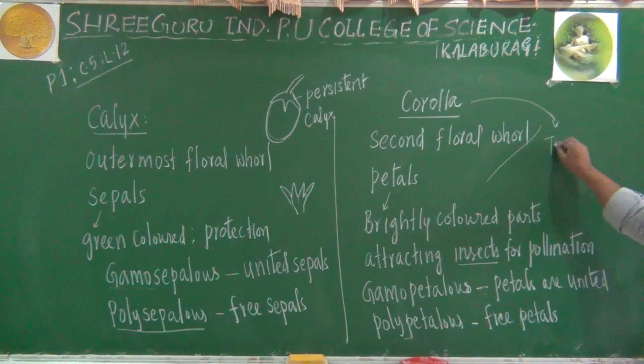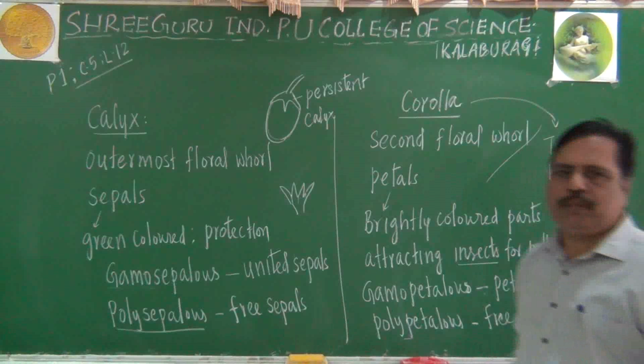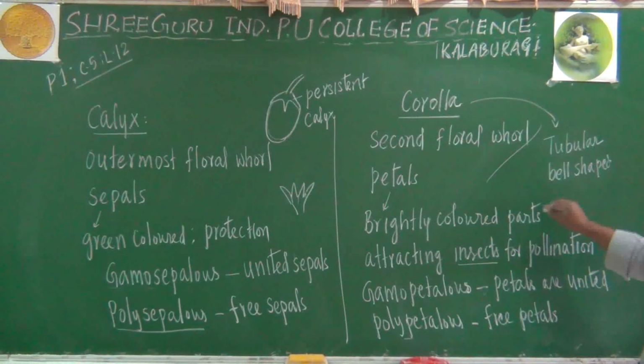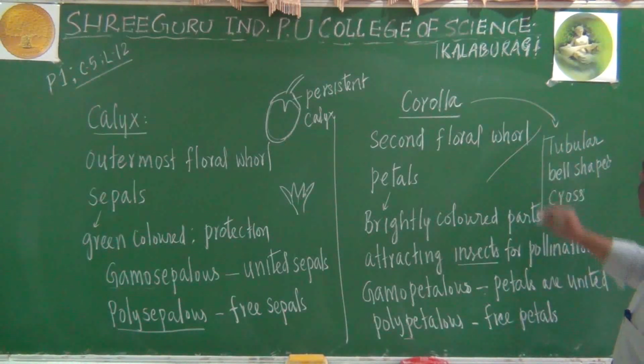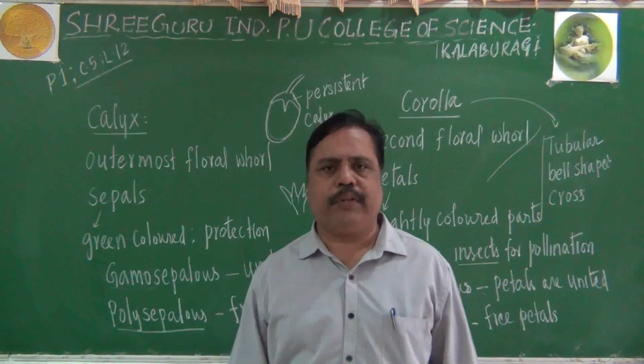Some of them will be tubular in nature. Some will be bell-shaped corolla, something like a bell. Some will be cross-shaped also. Like this, various types of corolla we can come across in different flowers.